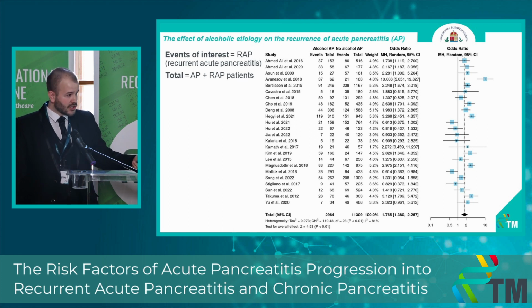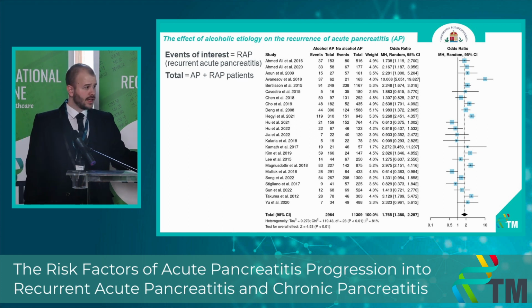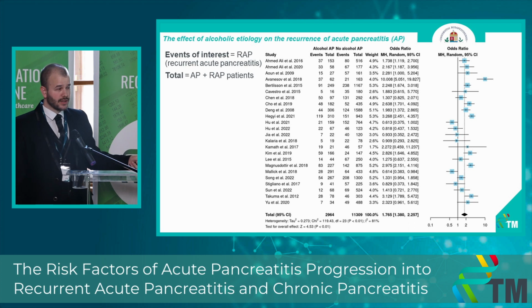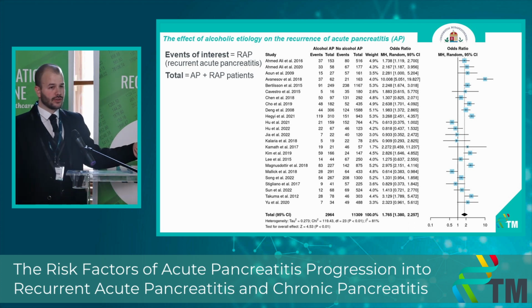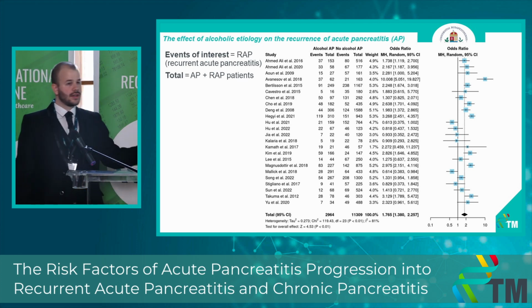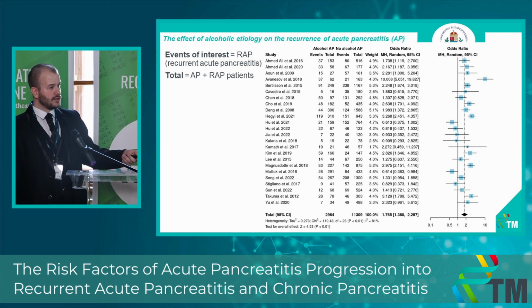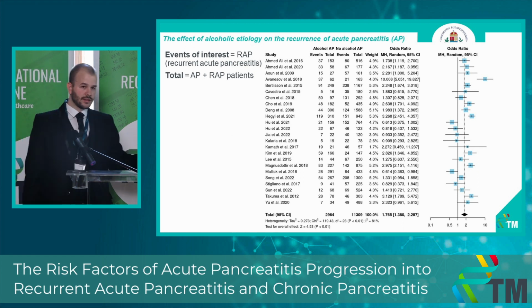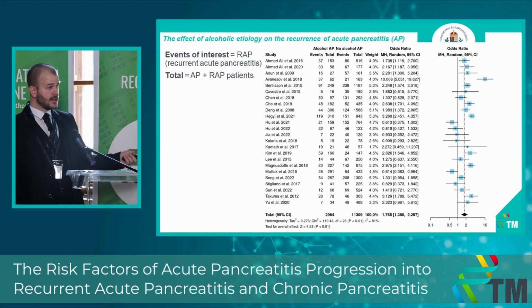The pooled odds ratio here is 1.76, and it is also statistically significant. This result means that patients with alcoholic etiology have a 76% higher risk of developing recurrent acute pancreatitis compared to patients with other etiologies. The heterogeneity is 81%, which means a considerable heterogeneity.